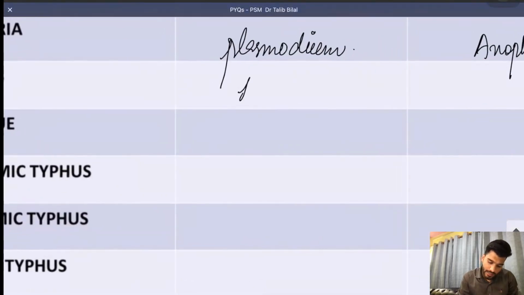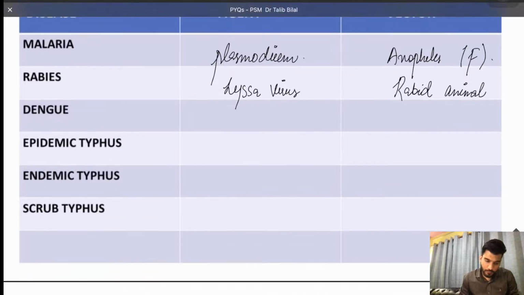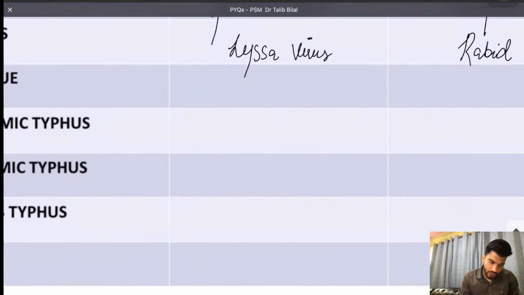For rabies, it is the Lyssavirus, and the vector is any rabid animal. For dengue, again, your answer is going to be group B arbovirus. Write it down.